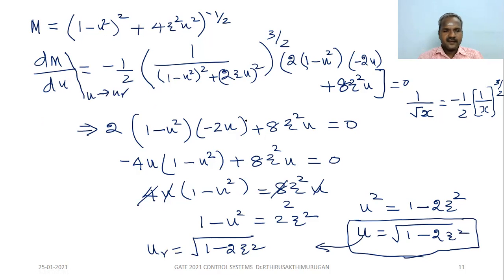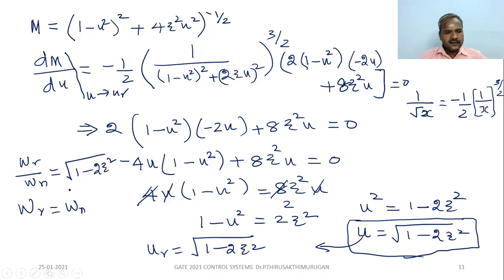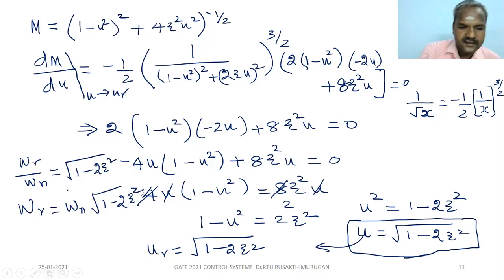Here ur is nothing but omega r by omega n, equal to square root of 1 minus 2 zeta square. So omega r, the resonant frequency, is omega n into square root of 1 minus 2 zeta square. This is the answer for our resonant frequency.